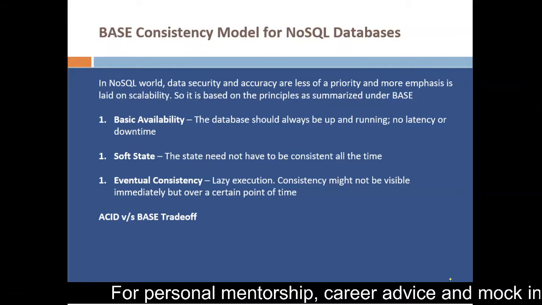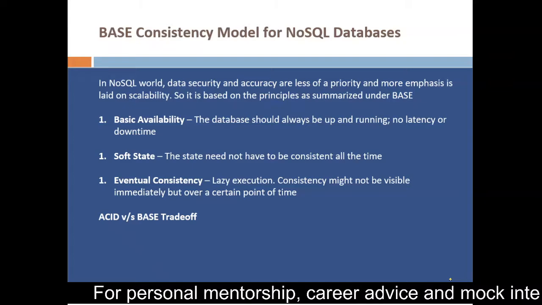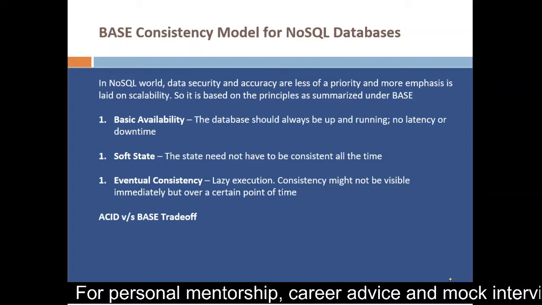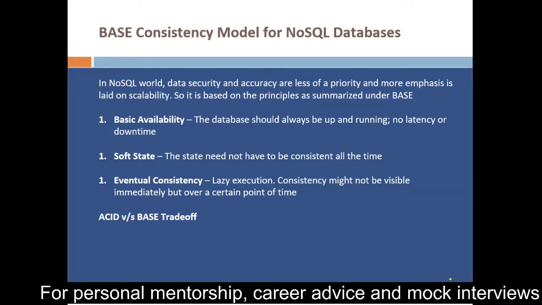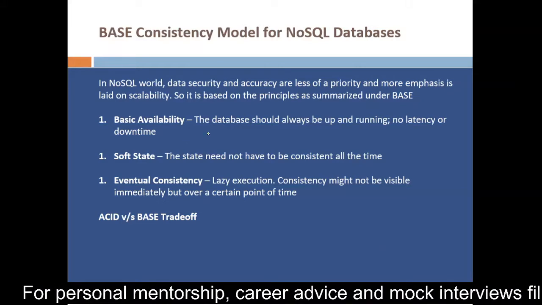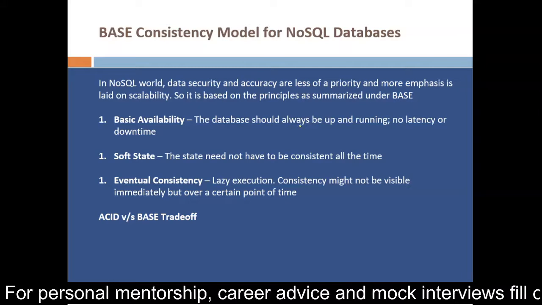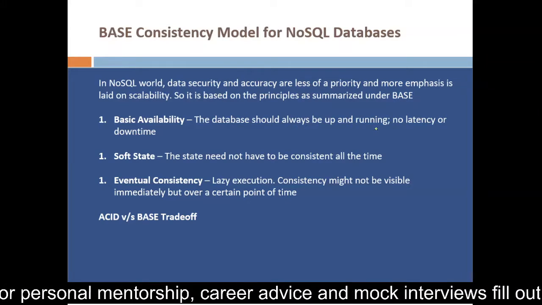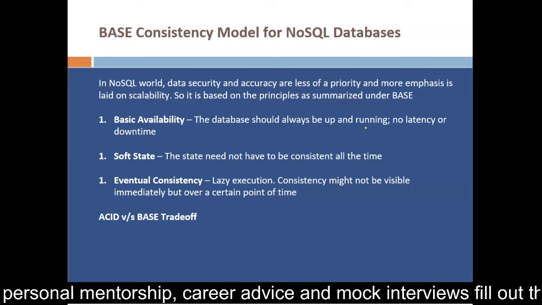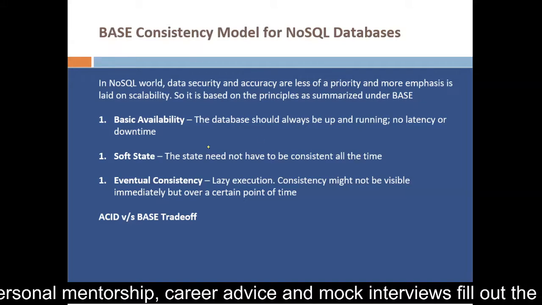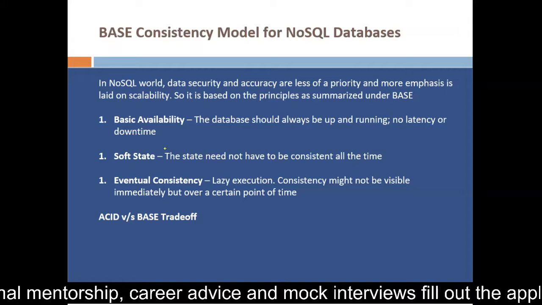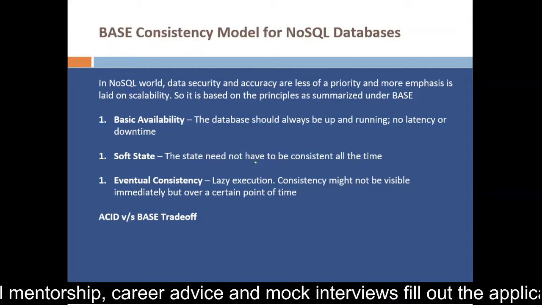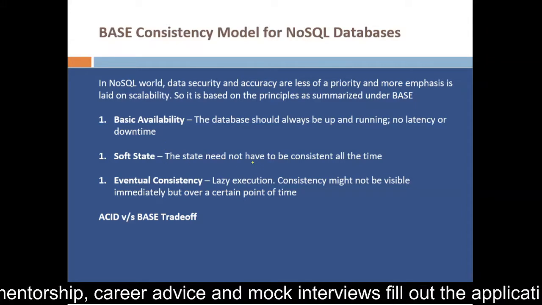For a NoSQL database, what we are looking at is known as the BASE consistency model. BASE stands for basic availability, where we are saying that the database should be always up and running. So there shouldn't be any downtime or system latency. It should also ensure that it maintains a soft state, which is that the state need not be consistent all the time.